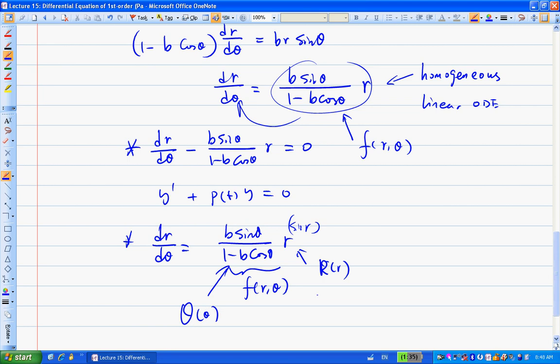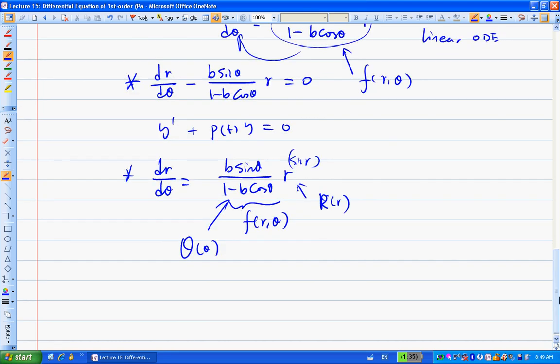It's going to be non-linear, but it's still going to be a separable equation. Yeah, that's a good question. It's still going to be a function of r, but it's not going to be a linear one. See, linear, you cannot have a sine r here. This is a linear format.